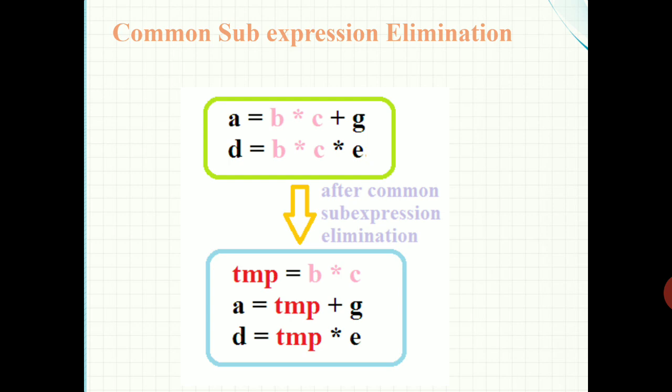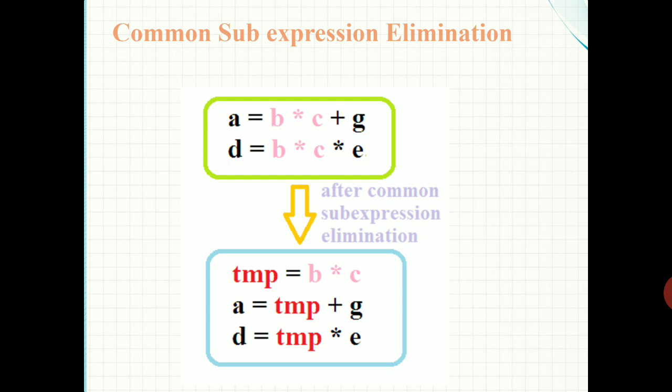In the second statement, d equal to b star c star e. In these two statements, we are computing b star c twice. Recomputing the expression can be eliminated by using the value of the previous computation.